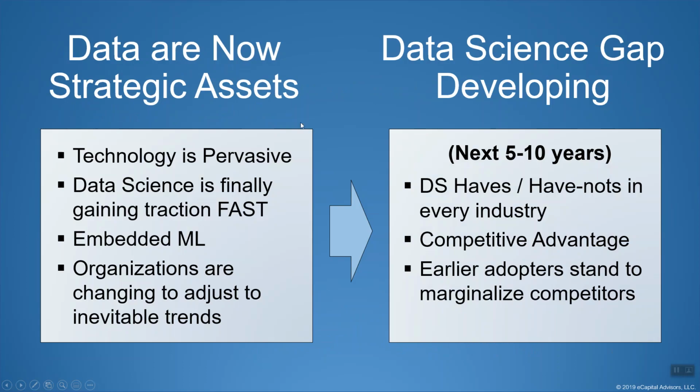So before we get to Modeler, I just want to go over some general trends that are important for you to know, but also relevant to this series on Modeler 18.2. What we now know, and certainly in the last 10 years, is that data have become strategic assets. The amount of data has increased and the cost of storing data has decreased.